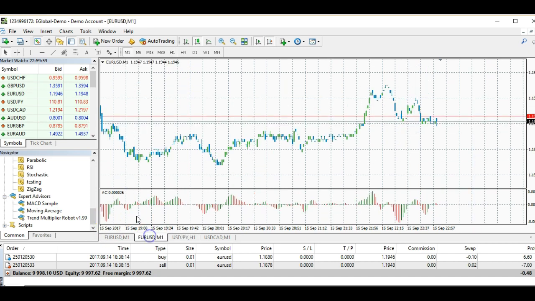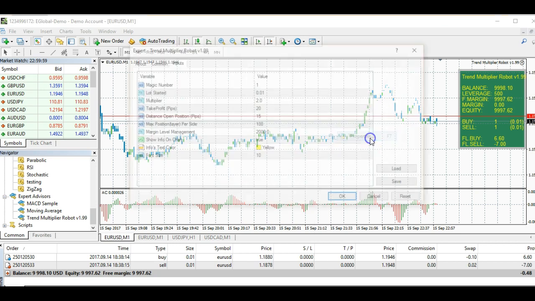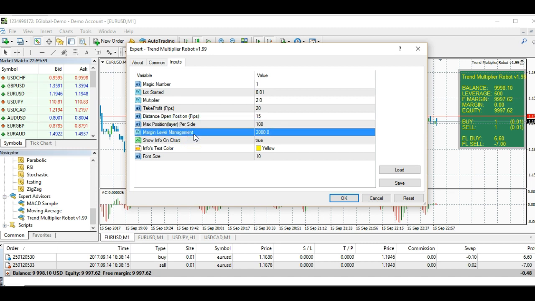All right, we will teach you how the settings work. So we will go through this EA, and then you go to properties and check. Okay, so first is your lot started. We will check on lot started, multiplier, take profit, distance, and maximum profit layer, and also your margin level. We will discuss this.